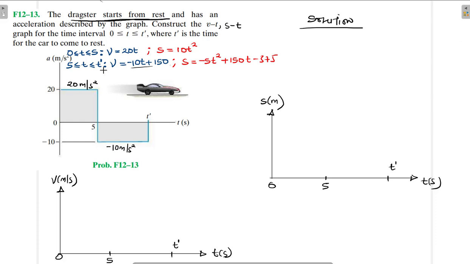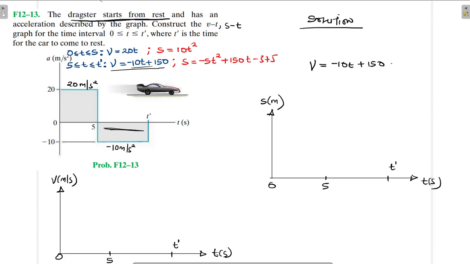So how are we supposed to find T prime? They've told us that T prime is the time for the car to come to rest, and the car will only come to rest when our velocity is equal to what? 0. So our V, in the interval 5 to T prime, is going to be equal to minus 10t plus 115.